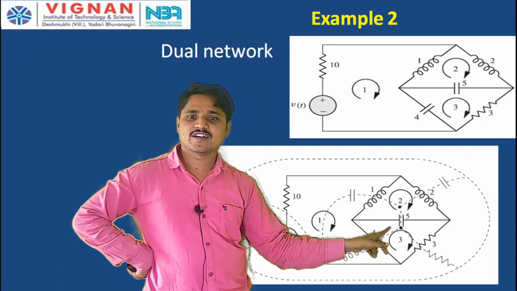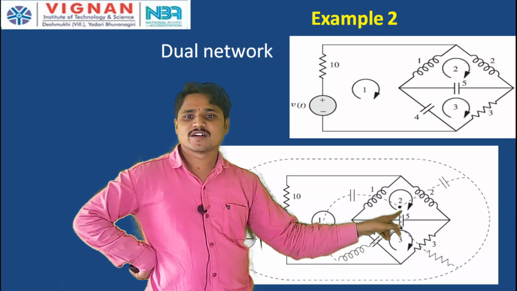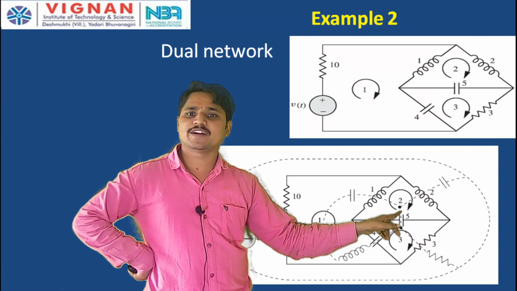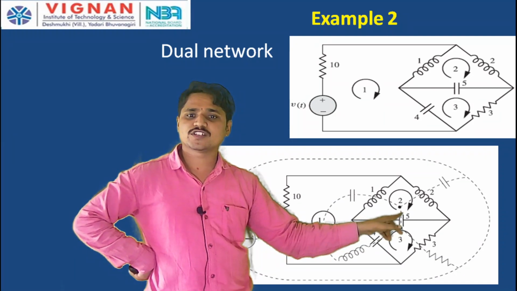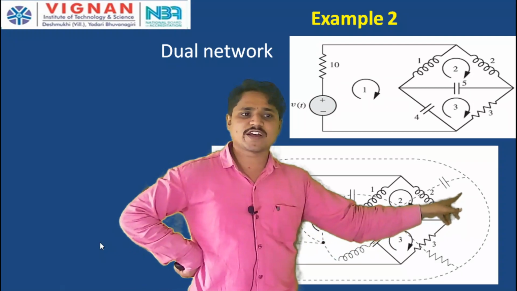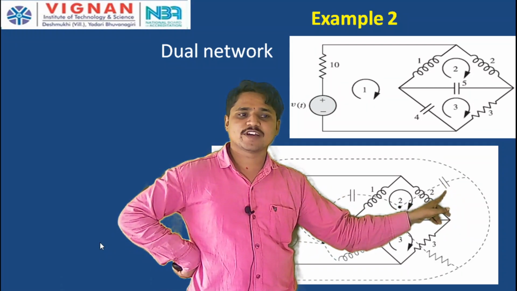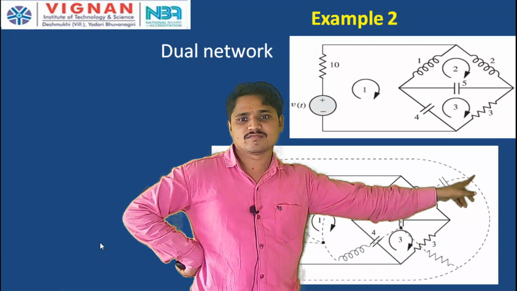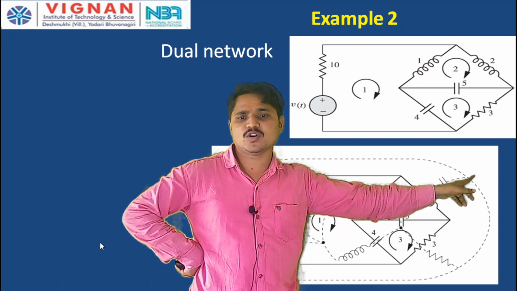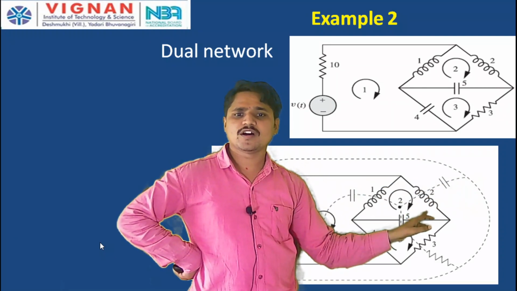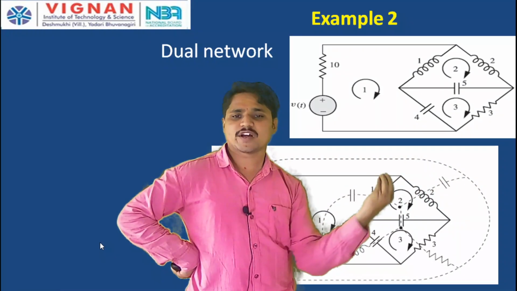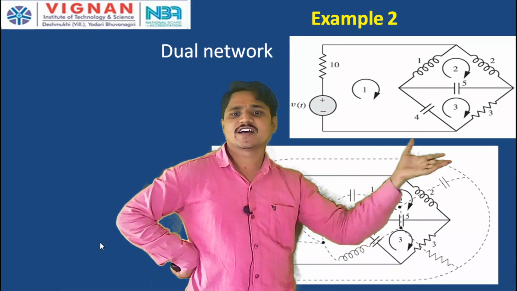Okay. Next, for mesh 2 there is only one independent element, that is 2 Henry inductor. So, this 2 Henry inductor is represented by 2 farad capacitor. This is between node 2 and the reference node, because it is an independent element. If it is independent, you have to connect it between the corresponding node and the reference node.